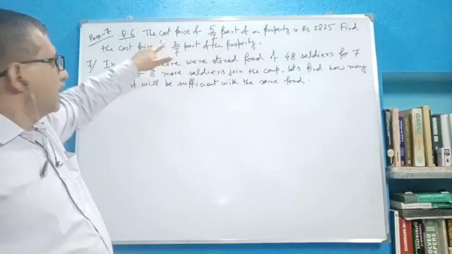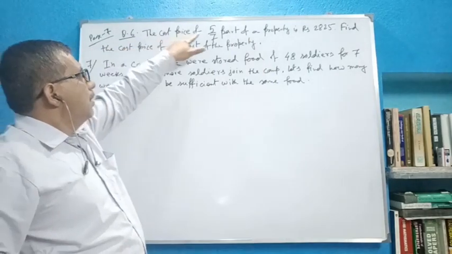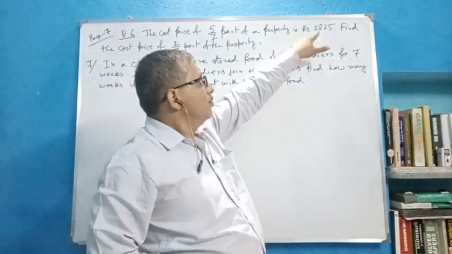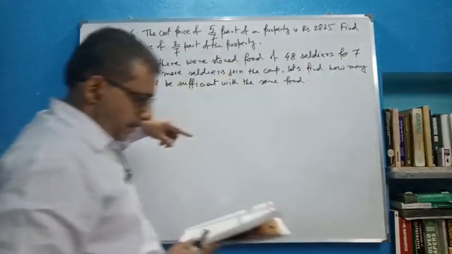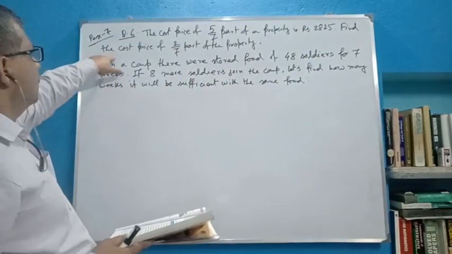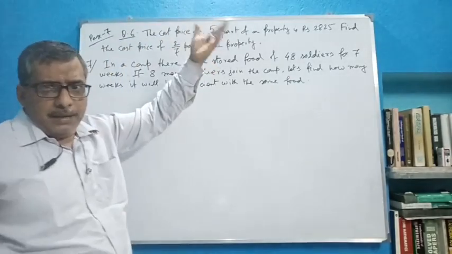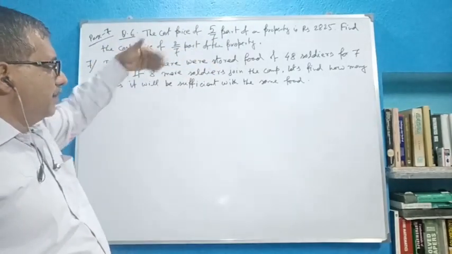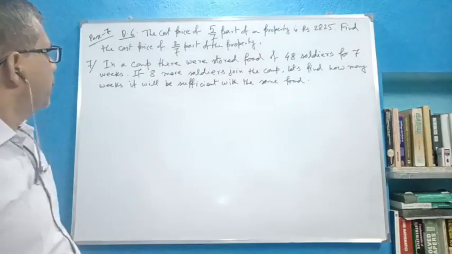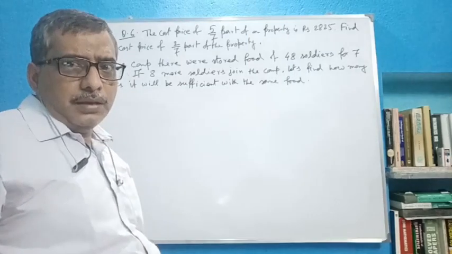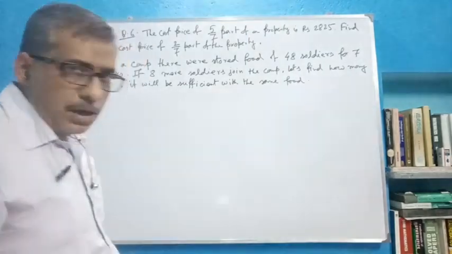I repeat once again: the cost price of 5 by 7 part of a property is rupees 2825. Find the cost price of 2 by 7 part of the property. As in the previous problem, do it now after the class and send it to me. This is for your classwork.